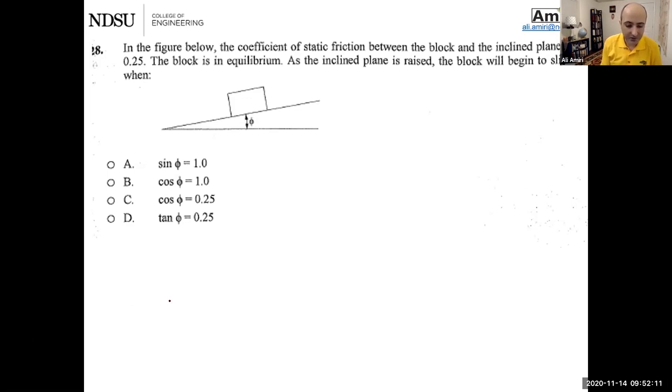When it comes to friction, a box sitting on a surface, there will be a friction force. I have no idea why this does weird stuff today. There's a friction force. There's a normal force.